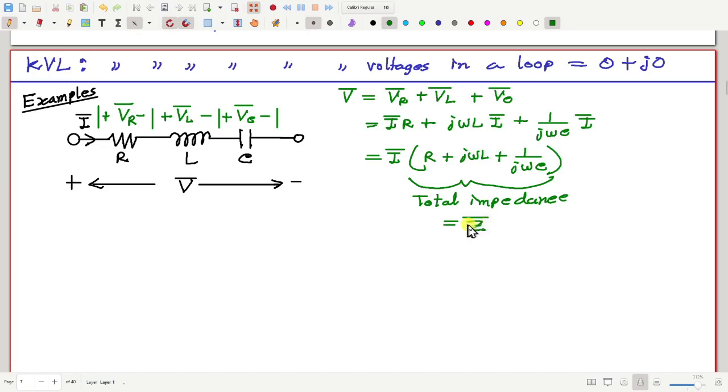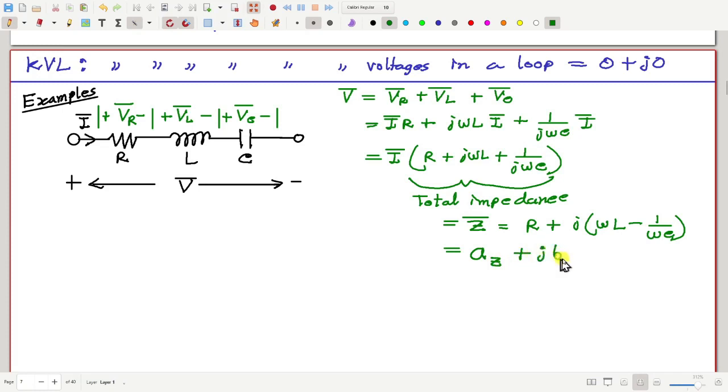This total impedance is equal to R plus j omega L minus 1 by omega C, because 1 by j is equal to minus j.